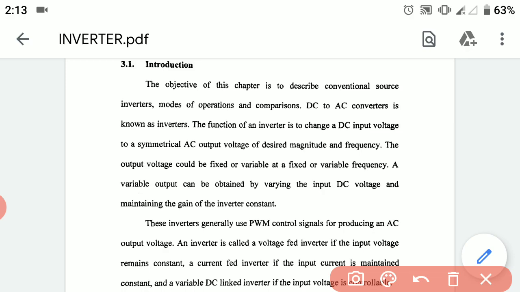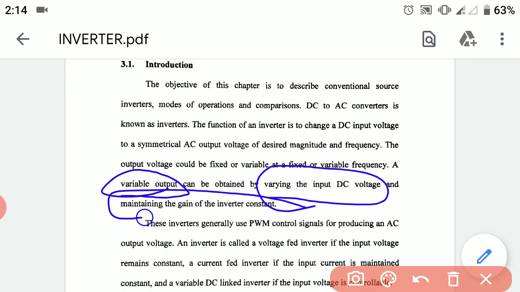Now the variable output can be obtained by varying the input DC voltage. The output from the inverter, that is AC, can be variable if we vary the input DC voltage and maintain the gain of the inverter constant.